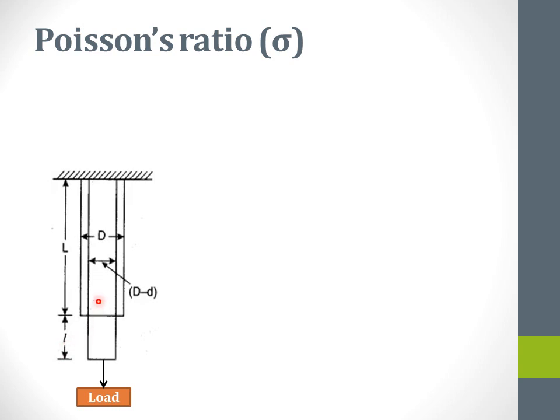The wire also undergoes a change in diameter. The original diameter is capital D, and the change in diameter is given by small d. Therefore, the new diameter is D minus small d.